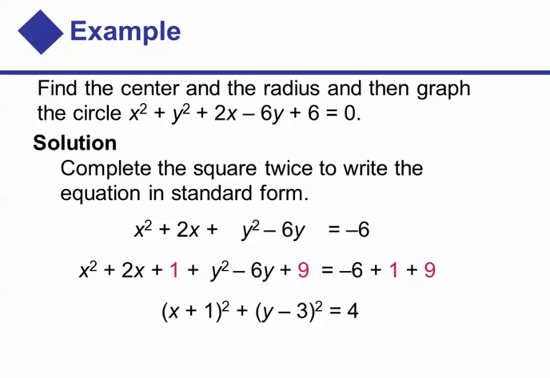Okay? Negative 6 plus 1 plus 9 equals 4. So what's our radius? It's 2. It's the square root of 4. So our center is (negative 1, positive 3), and our radius is 2.